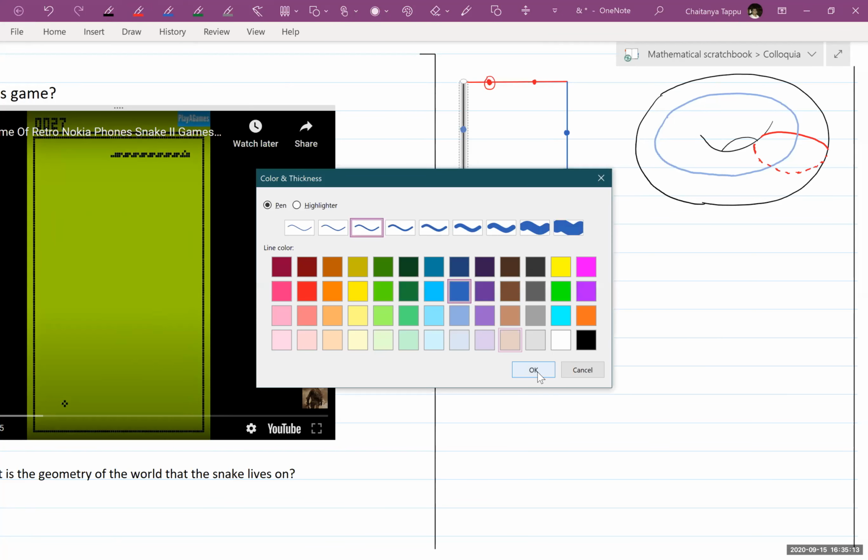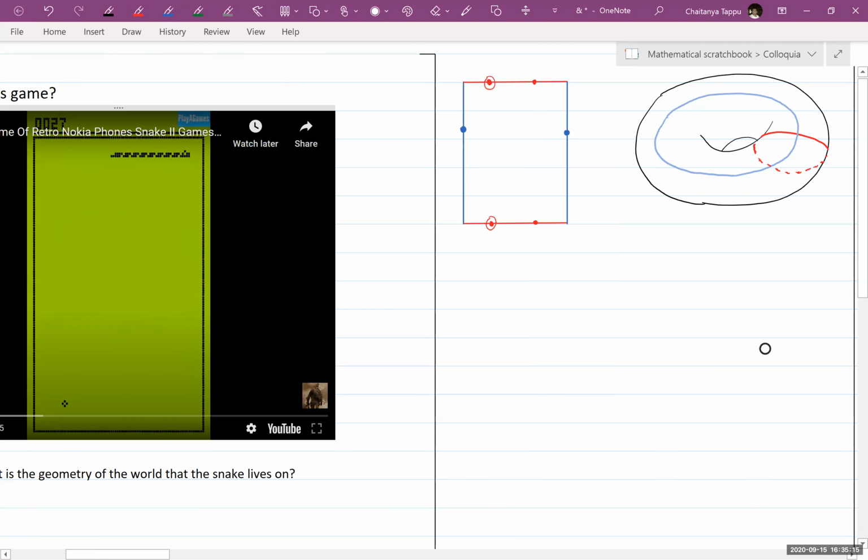And from topology class, we know that this is a surface called a torus, which is this picture that I've drawn over here. Yeah, this is the torus. So that's the answer to the question: topologically, a torus.